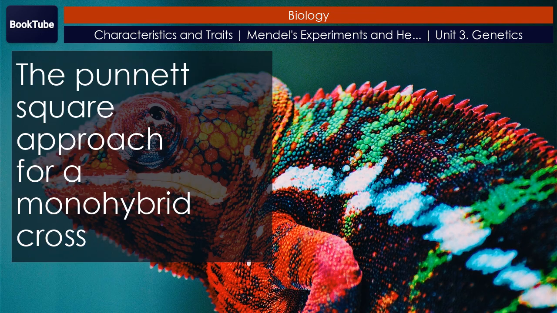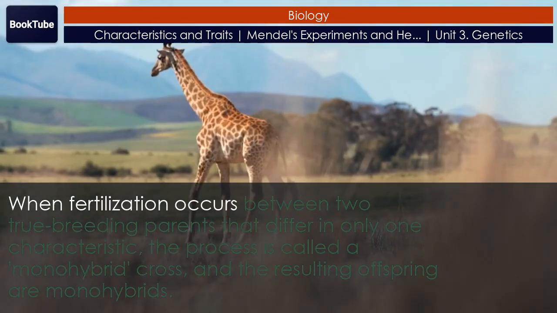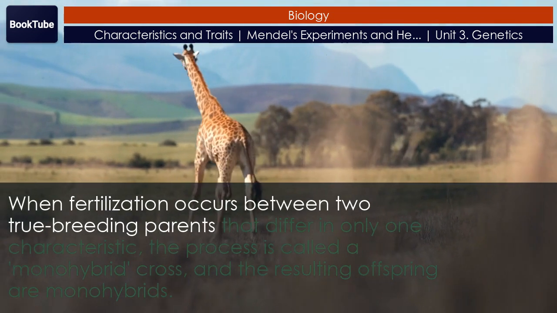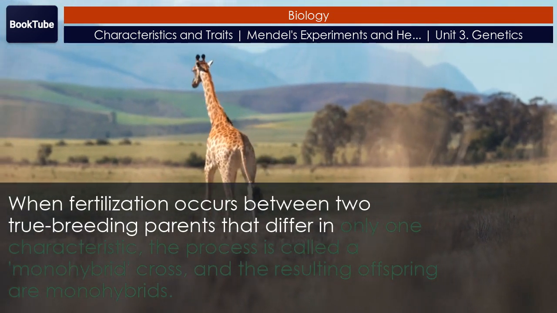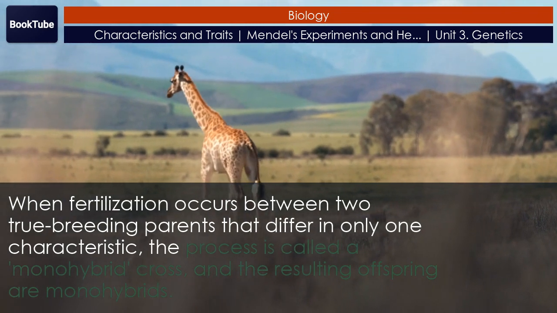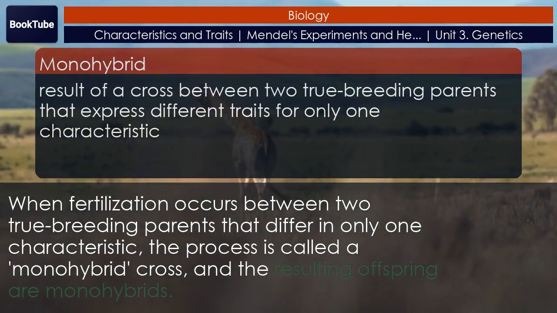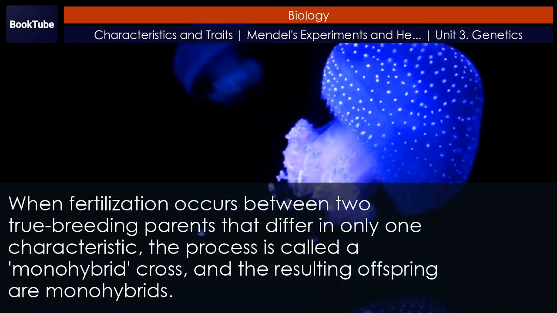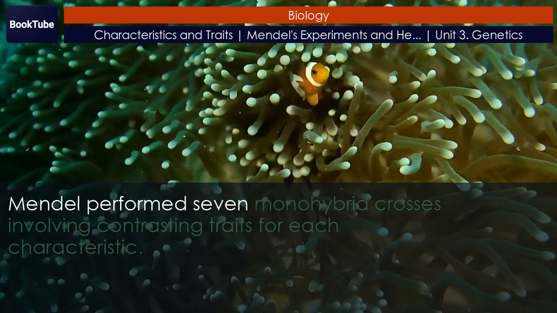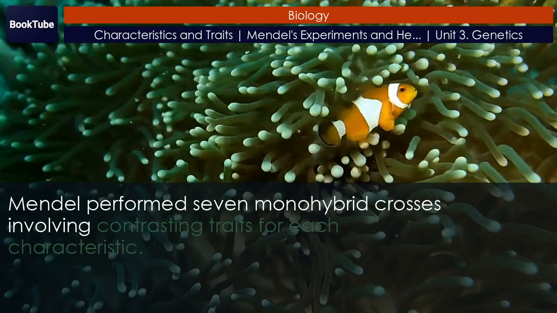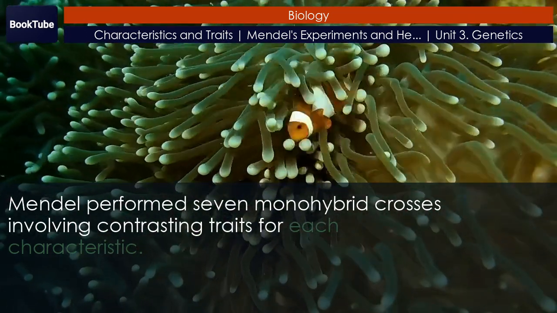The Punnett square approach for a monohybrid cross. When fertilization occurs between two true breeding parents that differ in only one characteristic, the process is called a monohybrid cross, and the resulting offspring are monohybrids. Mendel performed 7 monohybrid crosses involving contrasting traits for each characteristic.